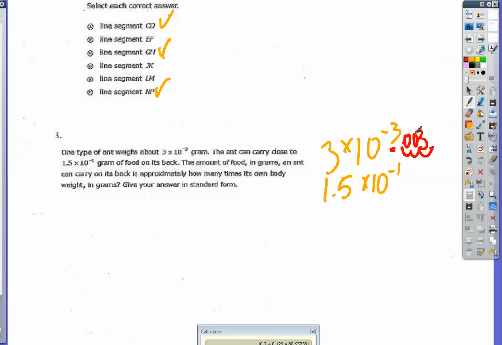All right, so then for my other thing, for the weight of the food, how do I translate this into standard notation? You move the decimal place over 1 to the left. Okay, so really we have 0.003, and we want to know what we have to multiply that by to get 0.15.